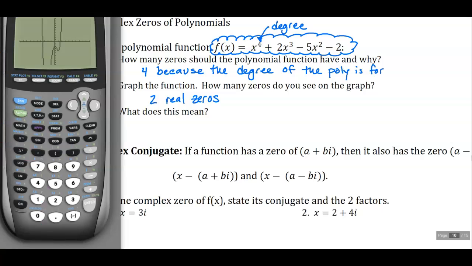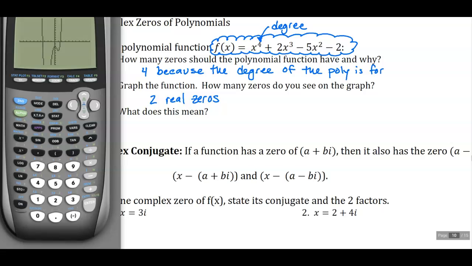What does that mean? Yes, there are 2 imaginary. And the way that we know that there are more zeros than the real zeros is because of the changes in direction there below the x-axis.